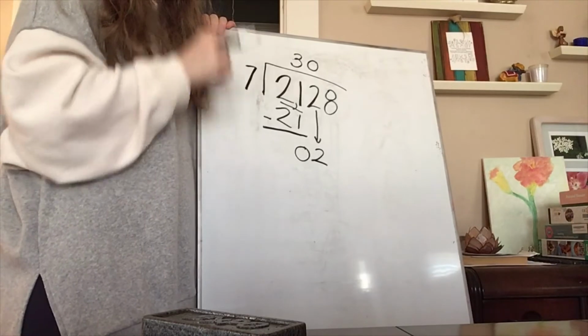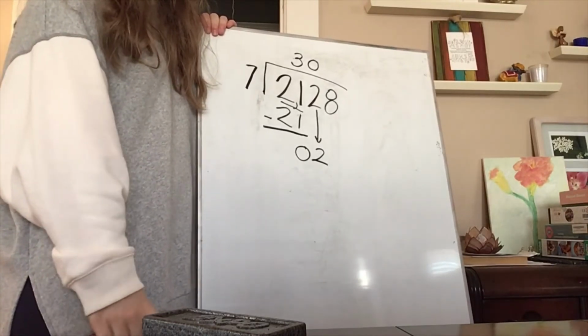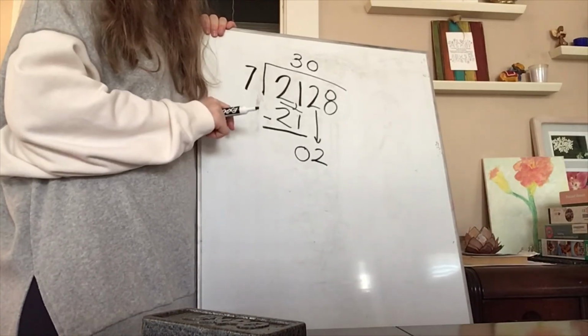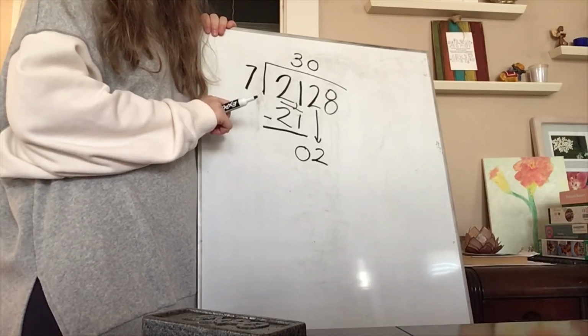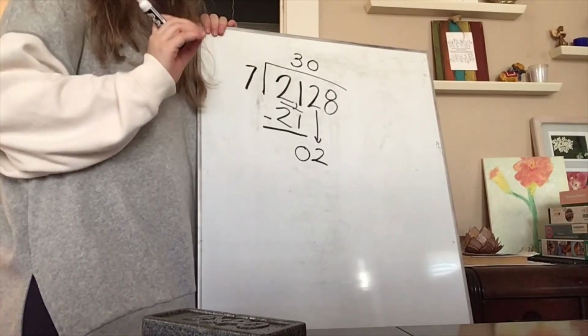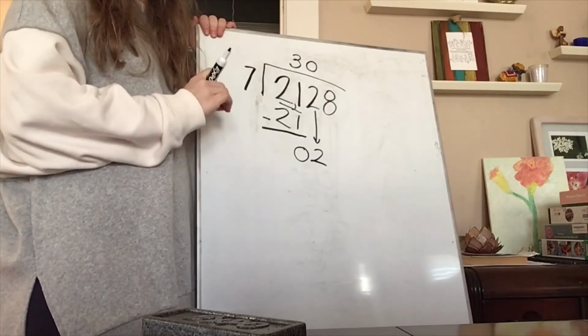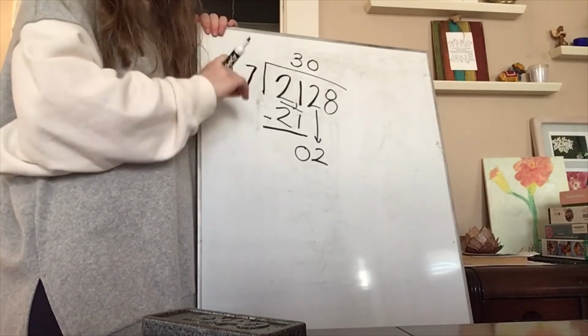Lena, what do we do next? What operation do we do? So we just divided. Now we multiply. And remember, the words for the multiplication step never, ever change. The words are exactly the same every single time.